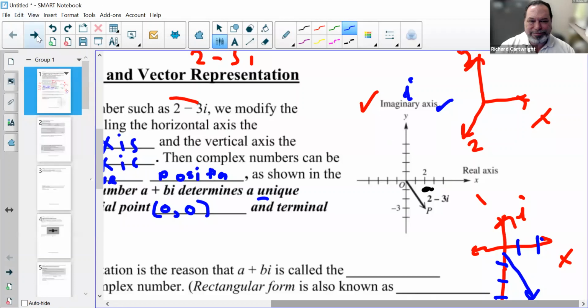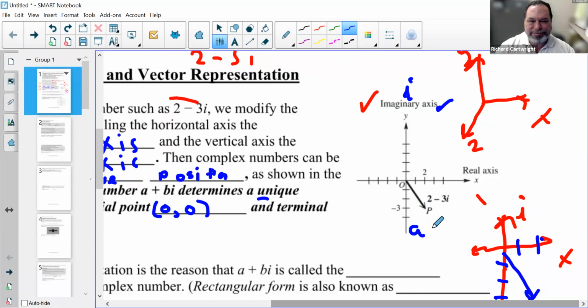Let me change. I like blue. And then I can't write that small. That's the problem. I'll just write it underneath that. That way you can see a plus bi.